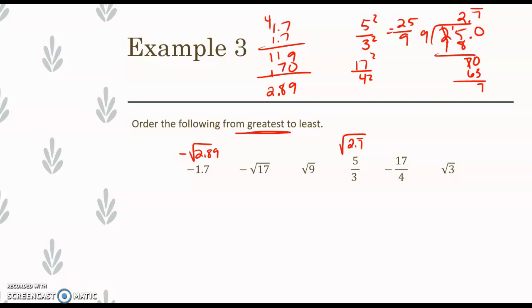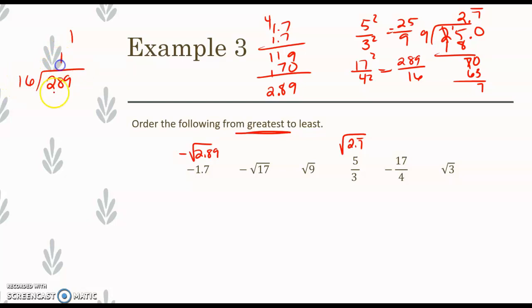So we're going to go with 17 times 17, which is 289. So we have 289 on top. 4 squared is 16 on bottom. And then to make it comparable, I'm going to take 289 divided by 16.